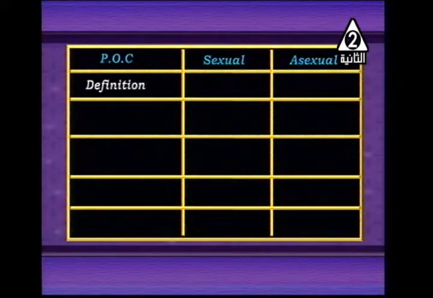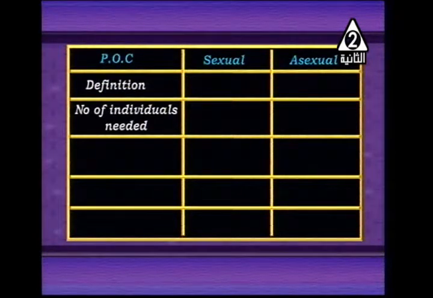Number one, we need the definition for each of them. And number two, we need what? The number of individuals needed for each one of them. In sexual, how many are needed? Yes, two individuals, male and female. While in asexual, you just need one individual.